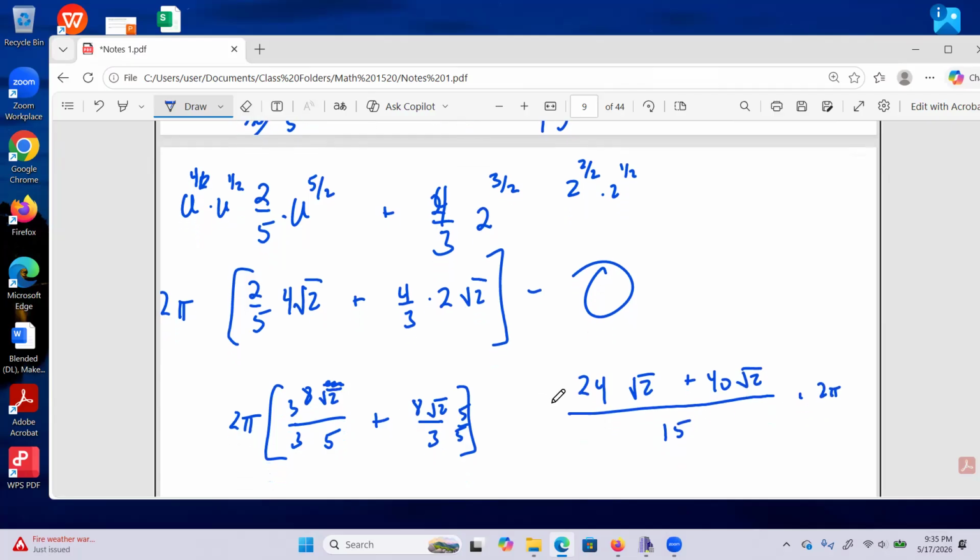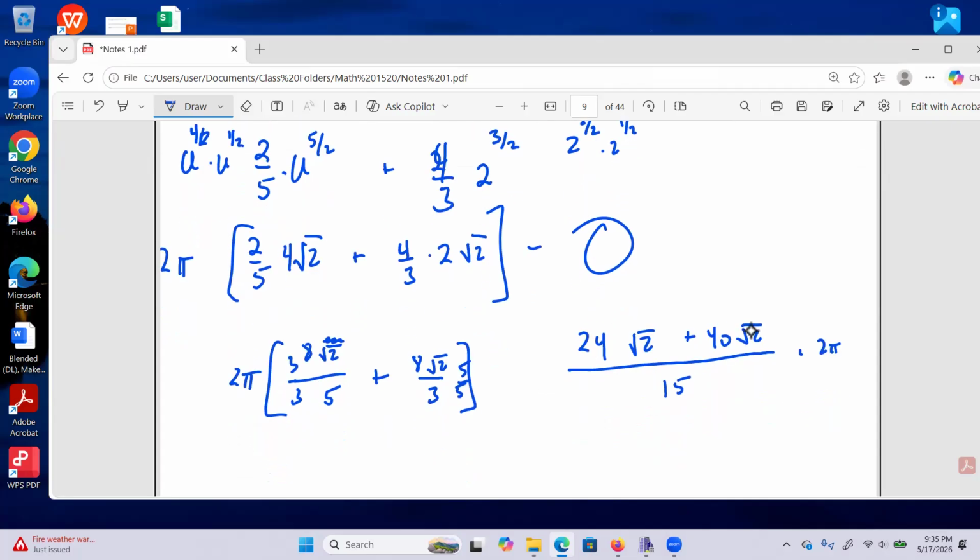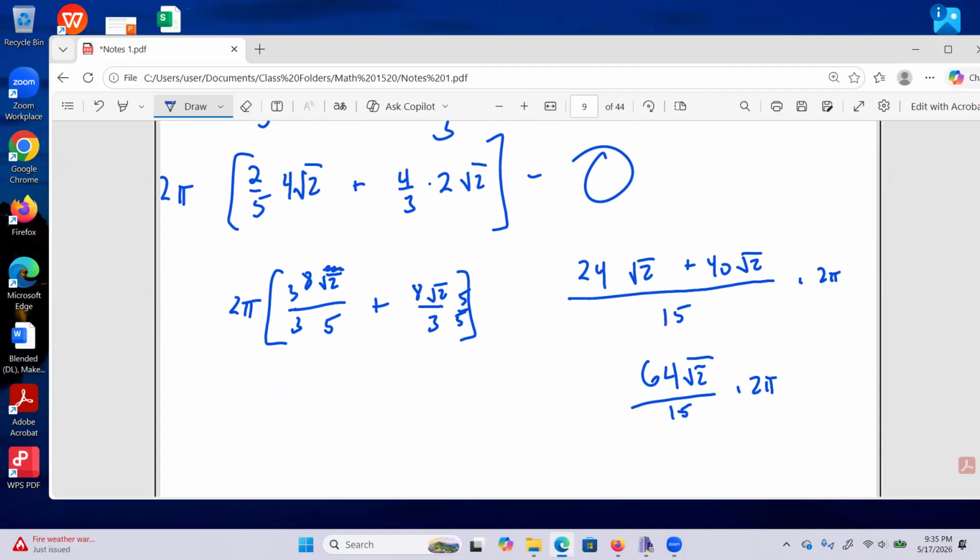So let's see here. We are going to end up with 64 square roots of 2 all over 15 times 2 pi. And that gives me 128 square roots of 2 pi all over 15. That would be my exact answer for a problem like that.